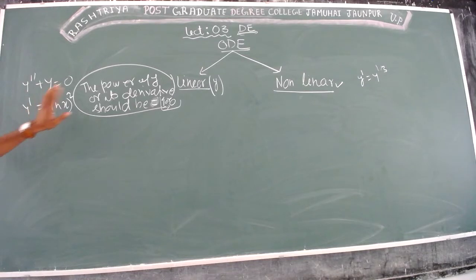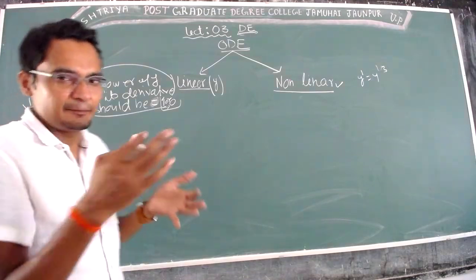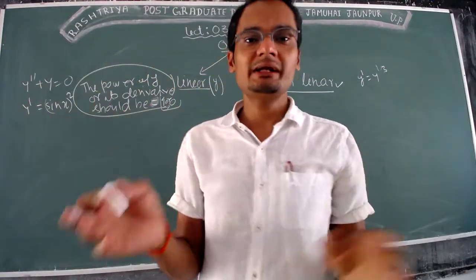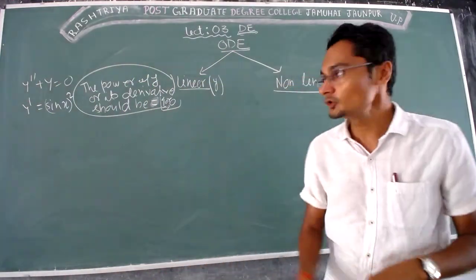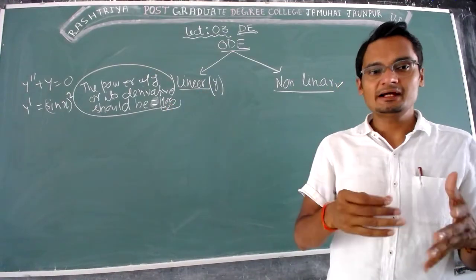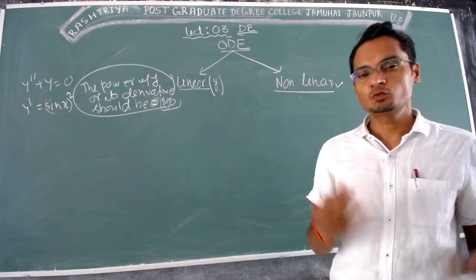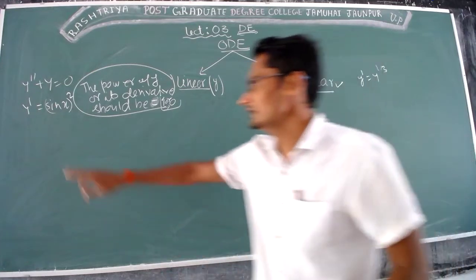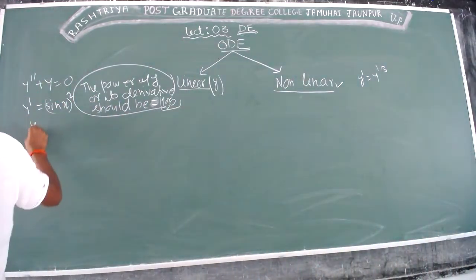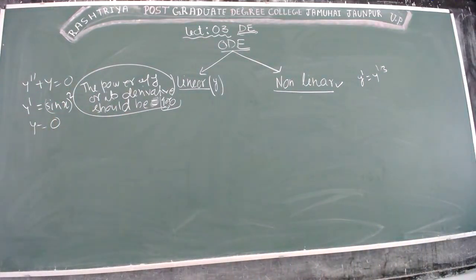Because it is a differential equation in y, not in x, so we can take the power 2 of sin x here. The power of y and its derivatives must be either 1 or 0. Y equal to 0 is also a linear differential equation, because the derivative of zero is zero and the power is 1.